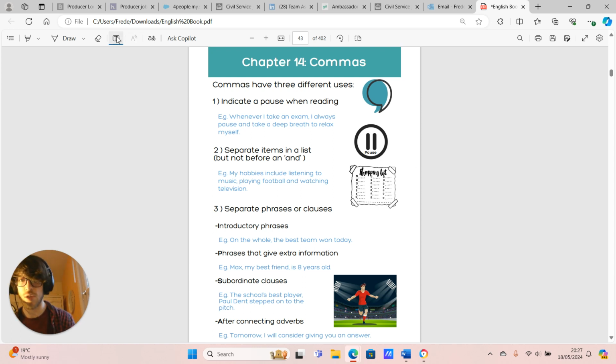This is just something that you may be interested to know. A list that has commas is referred to as being asyndetic, versus a list where there aren't commas but there's just the word and repeated over again.